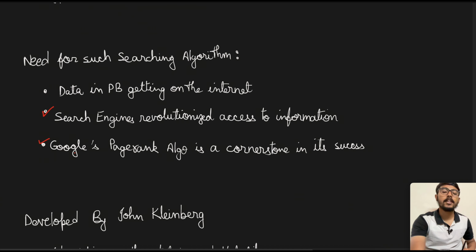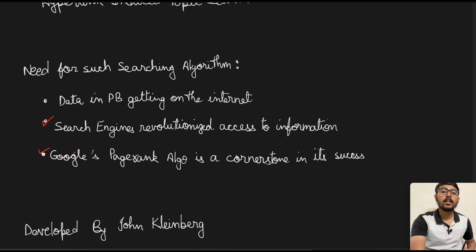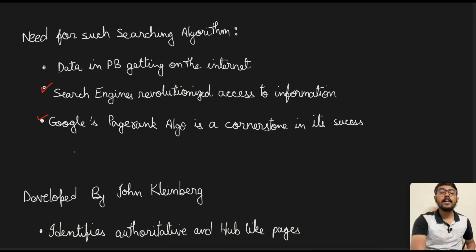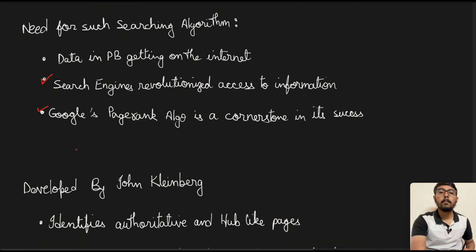Now coming to the HITS algorithm, developed by Jon Kleinberg, it identifies authoritative and hub-like pages. HITS is particularly used for two kinds of pages, either authority pages or hub-like pages, in a collection of interconnected documents.